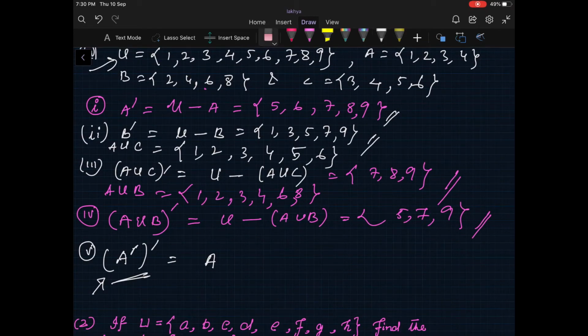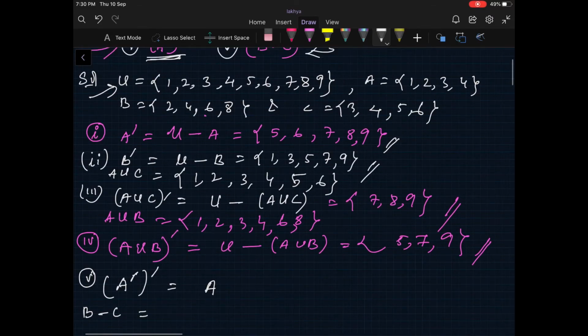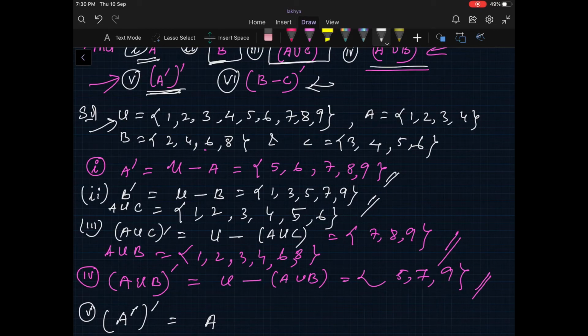We need to find complement of B minus C. So first let us find B minus C. How to find B minus C? Just eliminate the common elements of set B and set C from the set B. What are the common elements in set C and B?